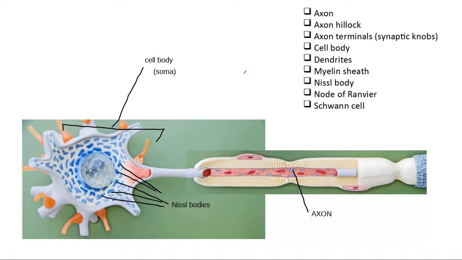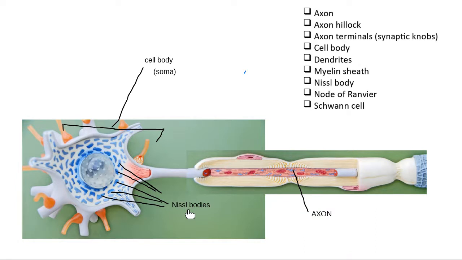Nissl bodies. Now, Dr. Nissl is very excited that he has an organelle named after him. But when you're thinking about the function of Nissl bodies, we can think of them as a neuron-specific version of another organelle that we know about. Nissl bodies make proteins. What was the name of the big organelle that makes proteins?